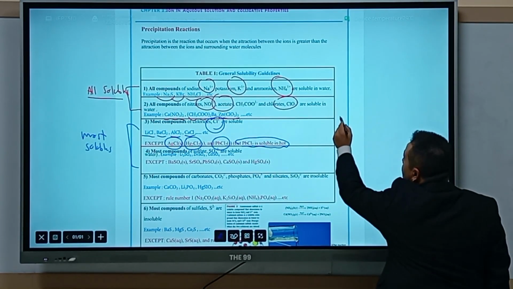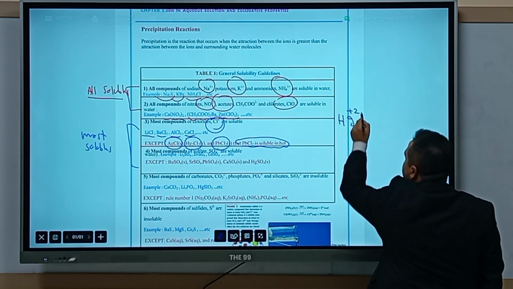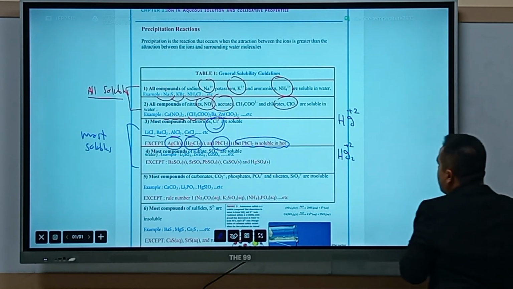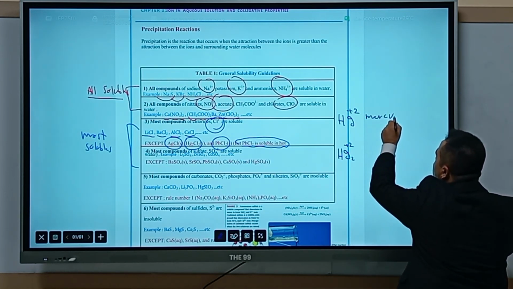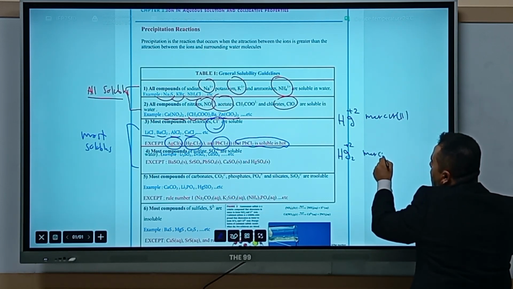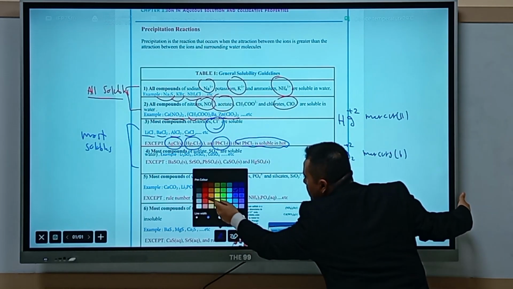Guys, we have 2 forms of Ag: Ag positive 2 and Ag2 positive 2. We call this one mercury 2, but this one mercury 1. Why?